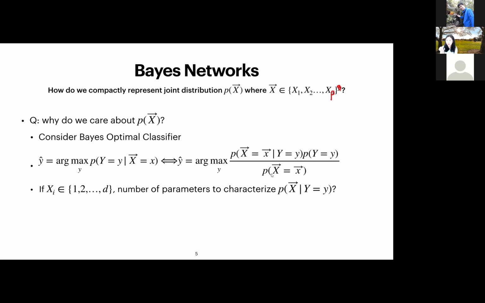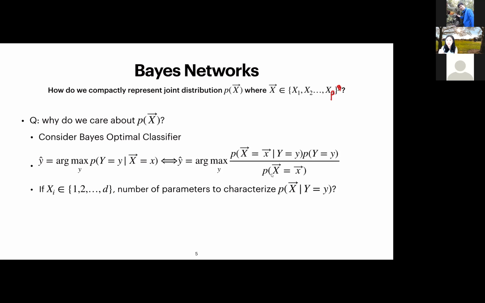X is a collection of P random variables, and each random variable could take a value from 1 to D, okay? So in order to completely represent the joint distribution of X, first let's not talk about Y equals small y yet. Just think about X. How many parameters would you need to characterize it?